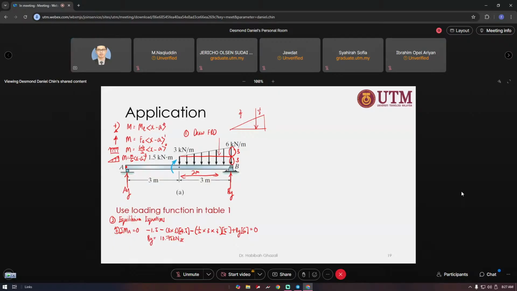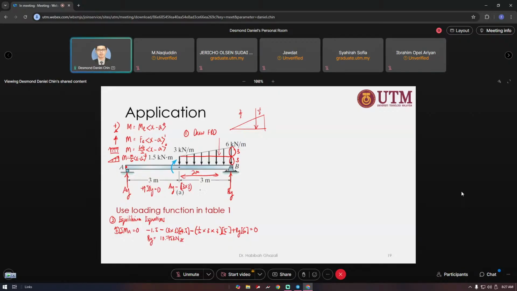Next, I need to calculate my Ay. So I will use summation of forces in the Y direction. Summation of forces in the Y direction, Fy equals to 0. So therefore I will have Ay minus the rectangular loading, 3 times 3, right?